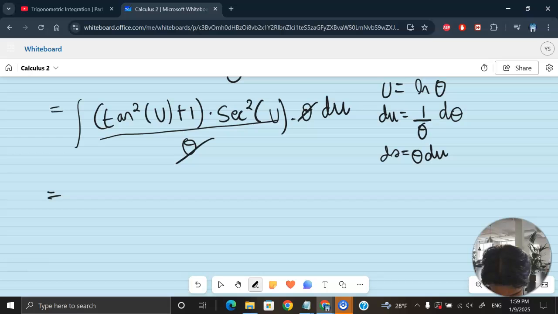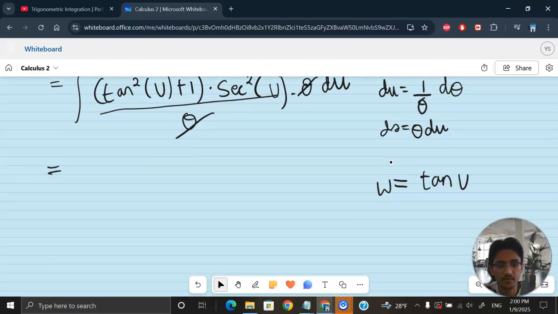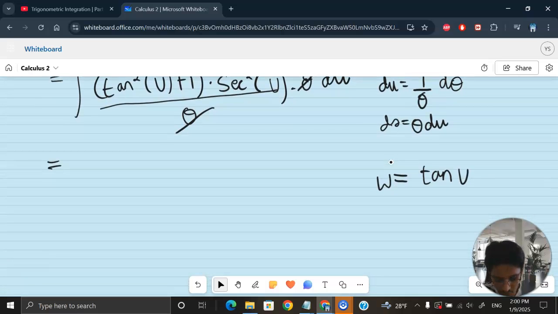Now, we still have to go. So what we could do next is a w sub, because w sub is better than u sub. Just kidding. Since we have u sub already, we're going to do w sub. Let's do w equals tan u, and so dw is equal to the derivative of tangent, secant square u du.